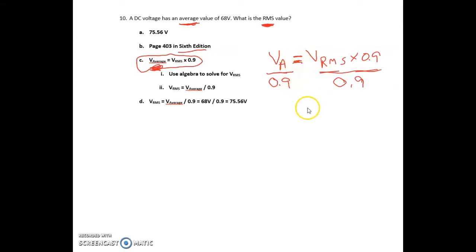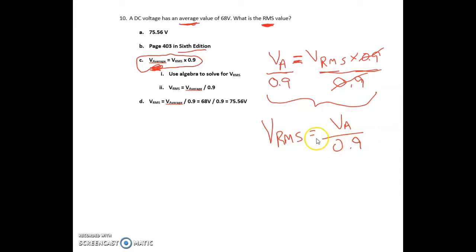The left side still equals the right side. 0.9 divided by 0.9, those cancel out. So I'm going to rewrite this equation with RMS on the left: V RMS equals V average divided by 0.9. That's this formula here. Plug in our values, 68 volts as an average. What is the RMS? It is 75.6 volts.